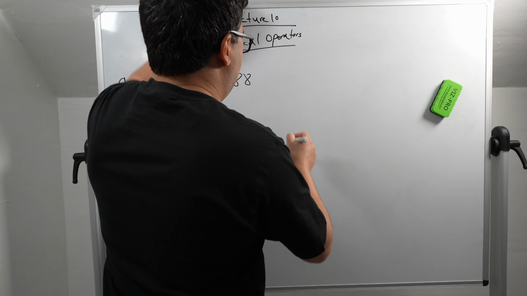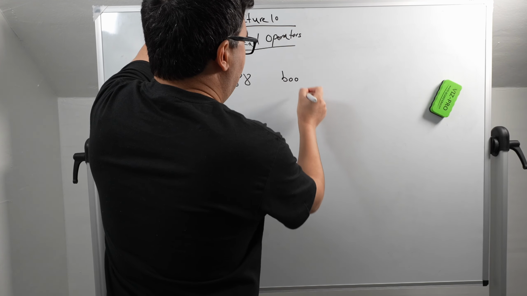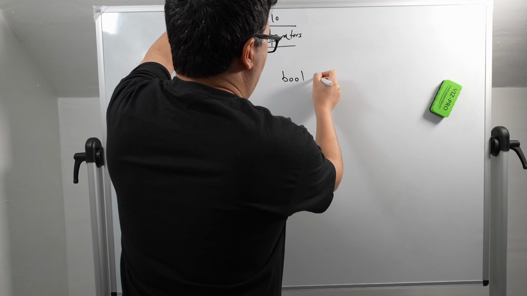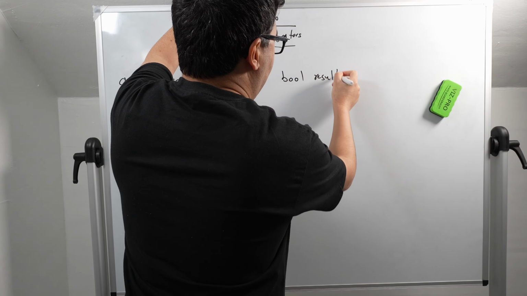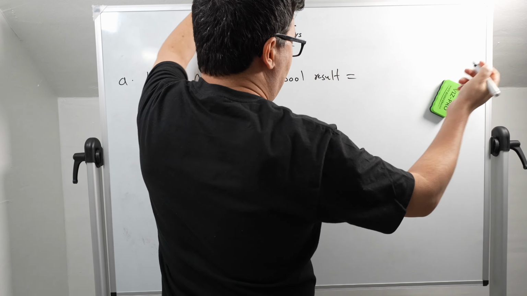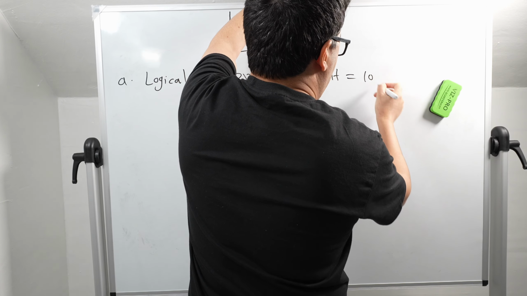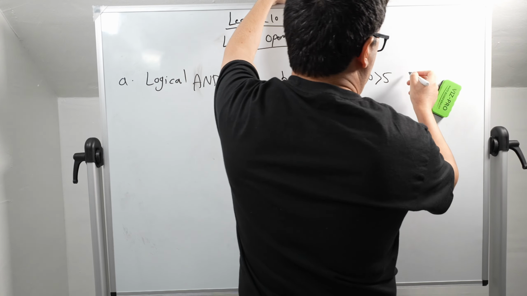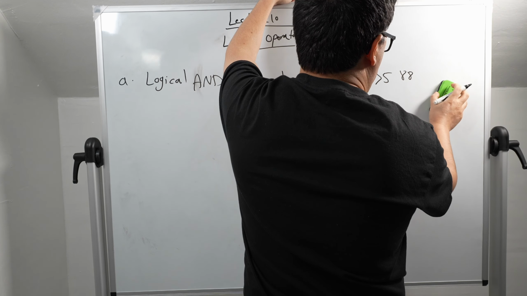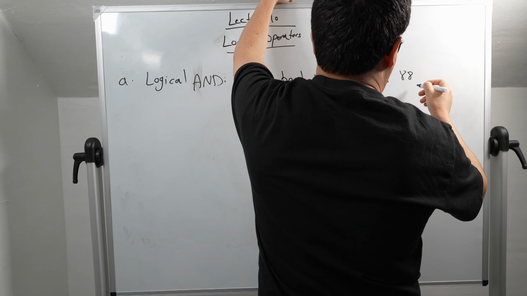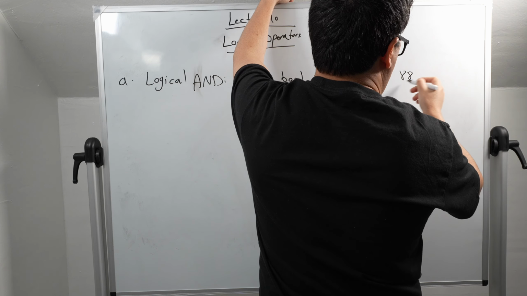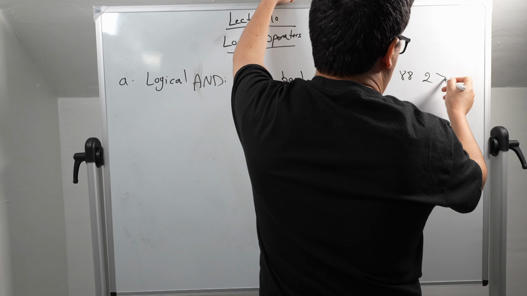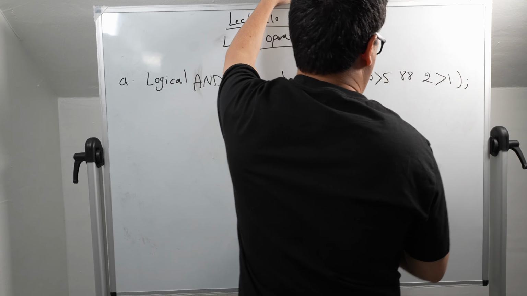For example, if we define a bool variable called result, and I check here two conditions, like if 10 is larger than 5 and 2 is larger than 1.